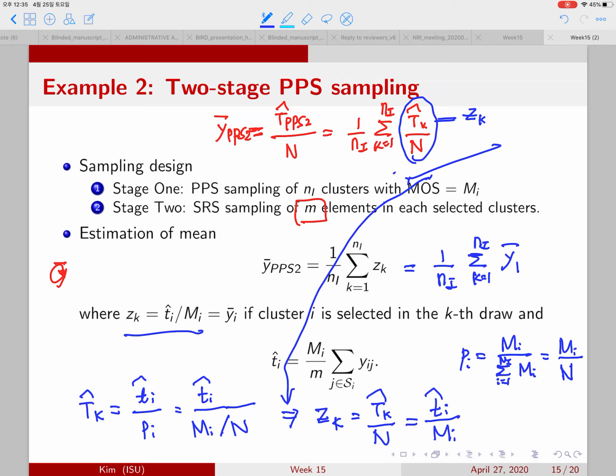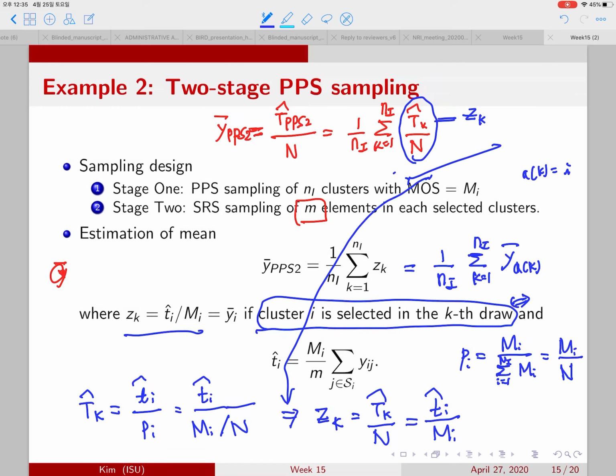If you remember, this is a_k equal to i. If you introduce this notation, then we can write y bar PPS2 as the average of y bars. That's an interesting expression, because it's just the mean of the cluster means.